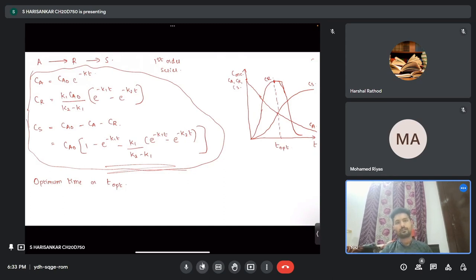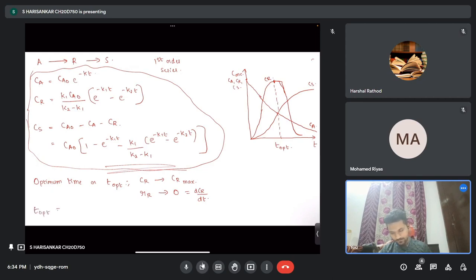At T optimum, the concentration of R, CR, is CR max. And because of this, the rate of R will become 0. So this is basically dCR by dt, so dCR by dt will be 0.